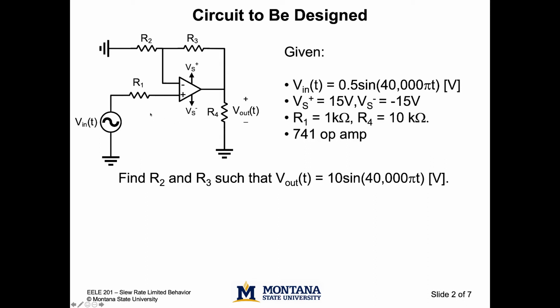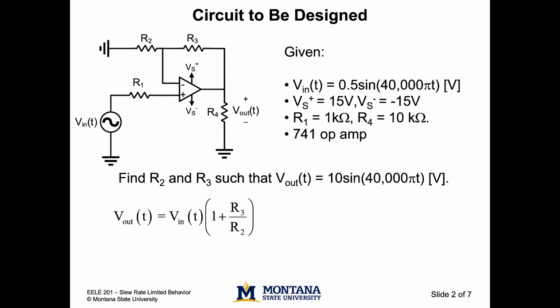We're also given values for R1 and R4, 1 and 10K respectively. And we're asked to find R2 and R3 such that for that given input of a half a volt, 20 kilohertz sine wave, our output voltage is a sine wave at that 20 kilohertz with an amplitude of 10 volts.